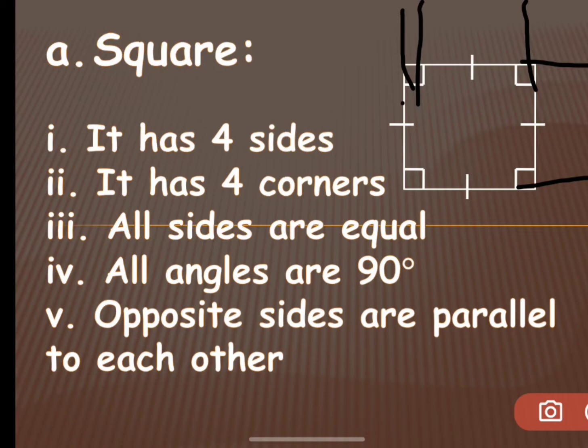Because they never meet, they are called parallel lines, isn't it, children? You understood? So what do you mean by parallel lines? A set of lines, not only two lines, it might be any number of lines which do not meet at any point. Even though we extend to a very long distance, if they are not meeting, then those lines are called parallel lines.